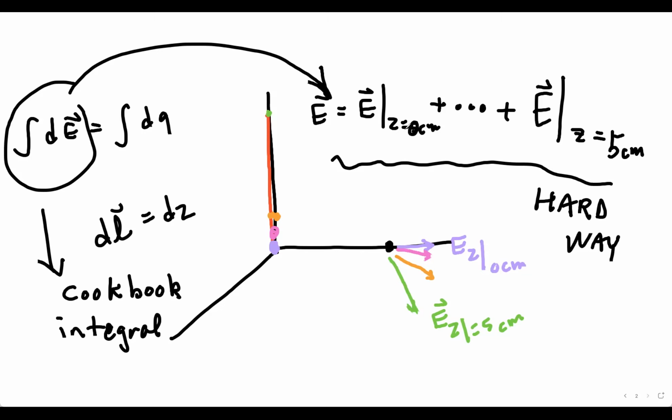This is almost like the Riemann sum, where you look at each little bit and sum it together. But the integral is the easy way, and the cookbook walks you through how to set up this integral. Because electric fields follow the law of superposition, it's possible to do it either way.